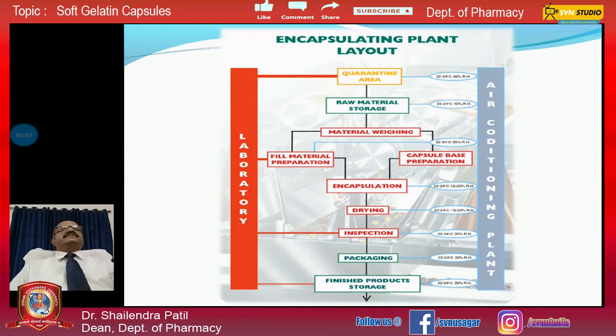You can see the various areas: quarantine area, raw material storage area, material weighing area, the fill material preparation area, or you can say preparation room. The capsule base preparation is on the opposite side of that. Then the encapsulation, the drying section, the inspection section, the packaging section, and the finished product storage section.